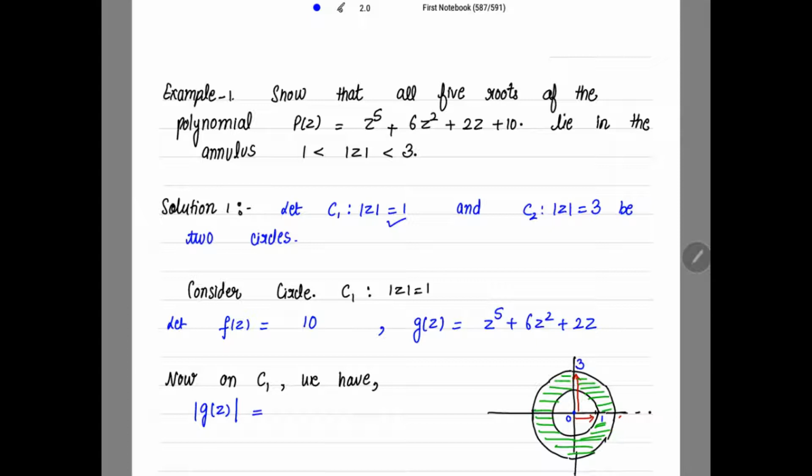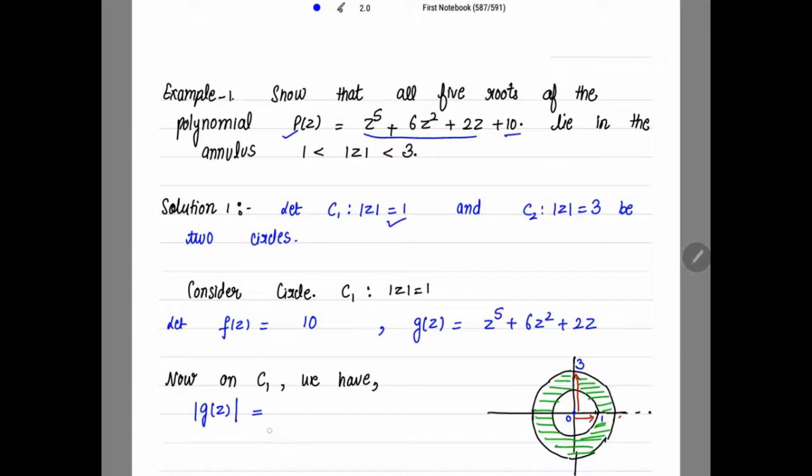If |g(z)| is less than |f(z)|, then I can say that the number of zeros of f(z) is equal to the number of zeros of f(z) + g(z). And because f(z) has no zero, what is actually f(z) + g(z)? This is f(z), this is g(z), so it is actually our polynomial p(z). So finally, polynomial p(z) has no zeros inside the circle C1. This we need to show first, right?